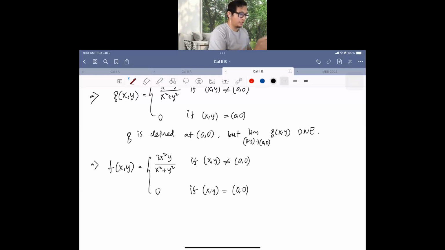We can check using the limit along a parabola.